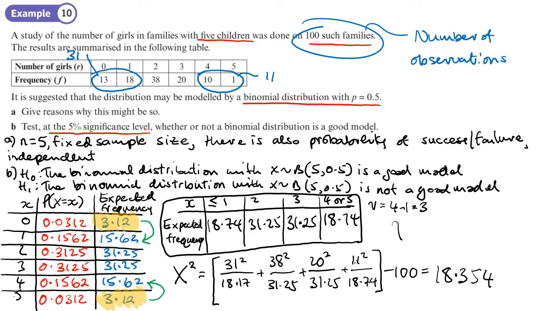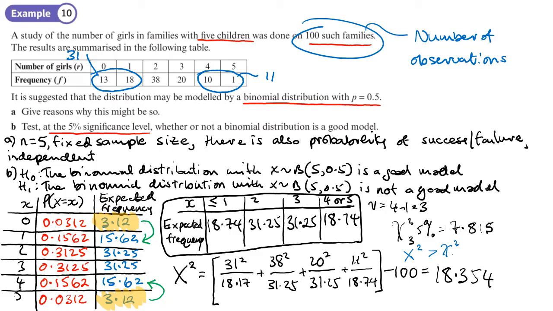So we're going to use our tables, 3 degrees of freedom and 5% significance level to find the critical value, and that gives us 7.815. Now on this question, this time we have our observed value, our x squared, is greater than what we found in the tables.